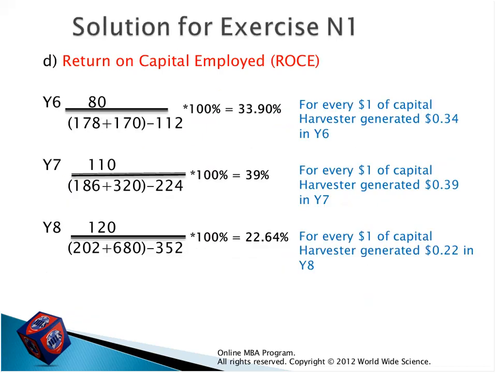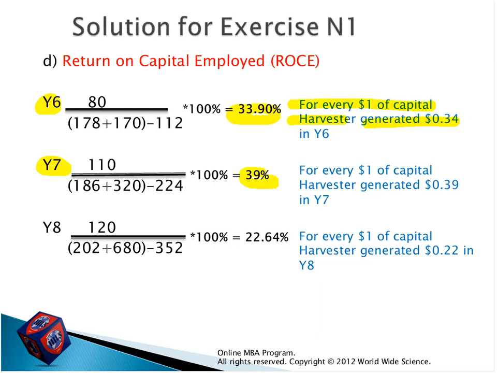Based on the formula that I have given you previously, the result we have for year 6 is around 34%. That means for every $1 of capital, the harvester generated 34 cents in year 6. In year 7, the result comes with 39%.